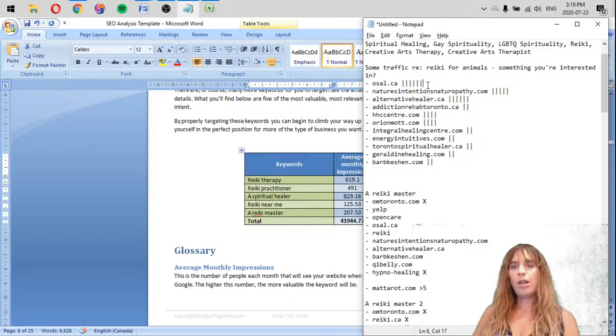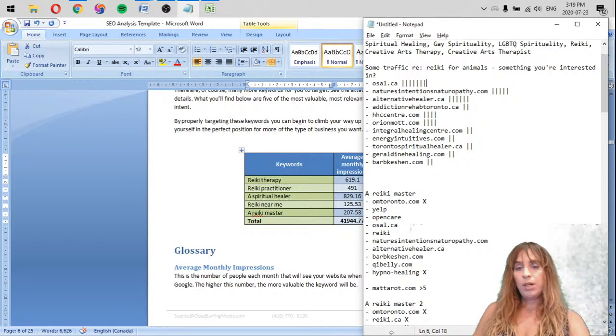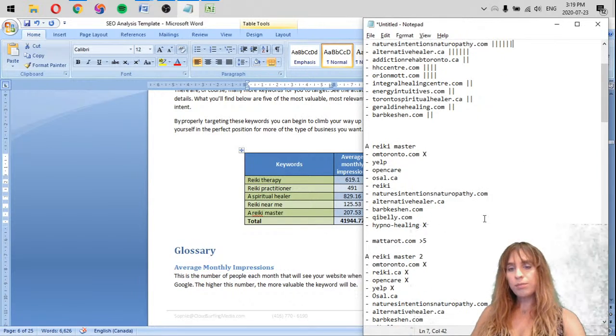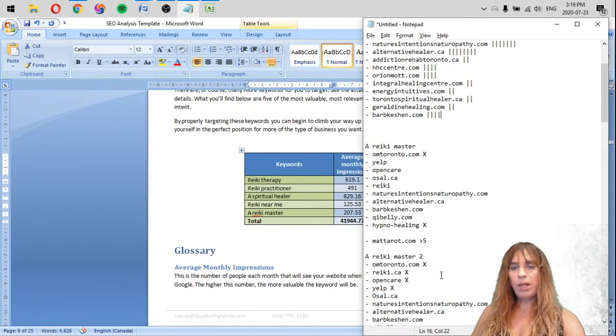Okay, so Osal is very clearly one of their top competitors. We'll mark that twice. And then we've got Nature's Intentions. Alternative Healer shows up twice. Arcushion shows up twice. Key Valley and Hypno Healing.